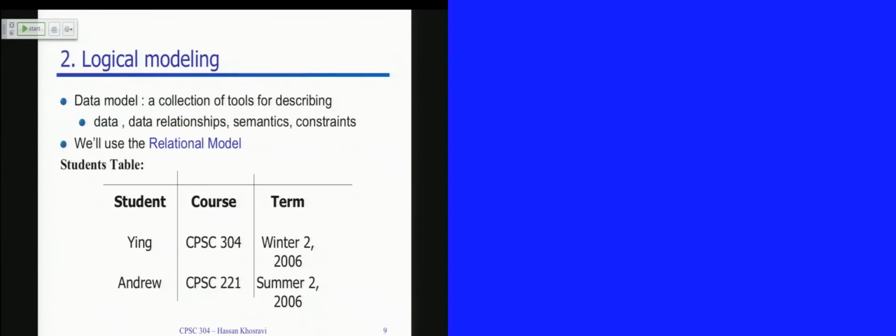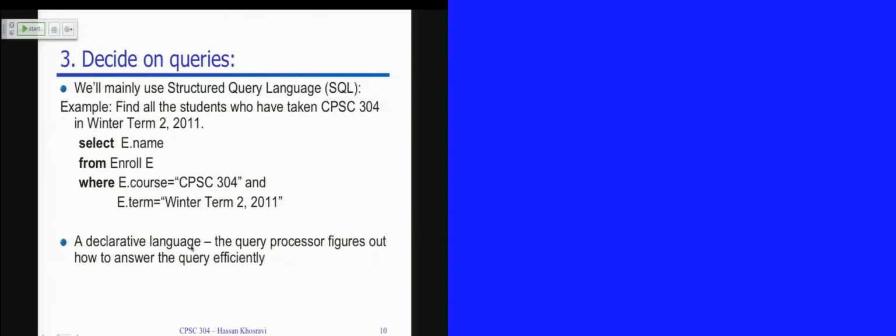Once we have the tables and we have the model, we need to think about how we're going to query this information. We're mainly going to use structured query language, or SQL. And basically this could be an example of something that you write in SQL. You select some people from some table where some condition applies.